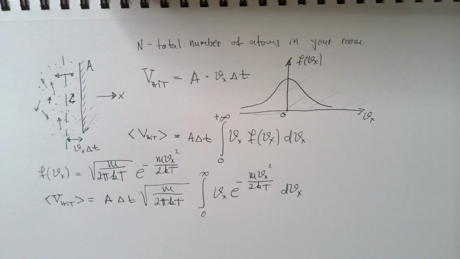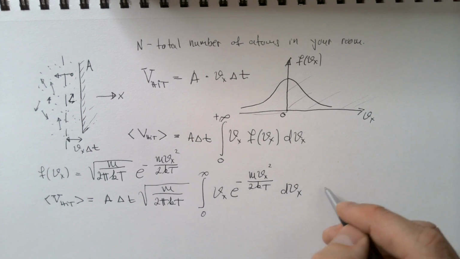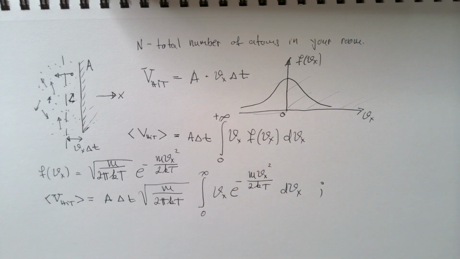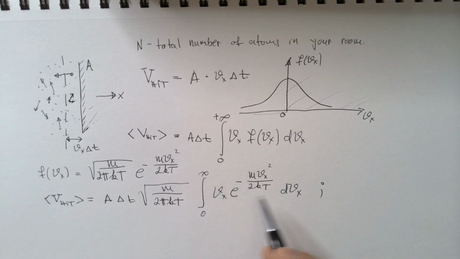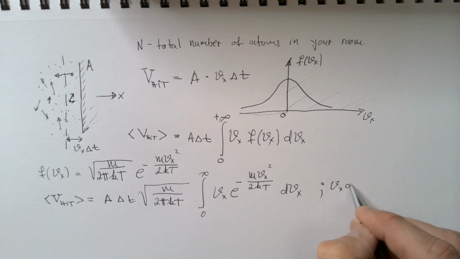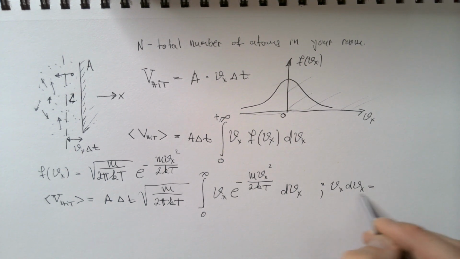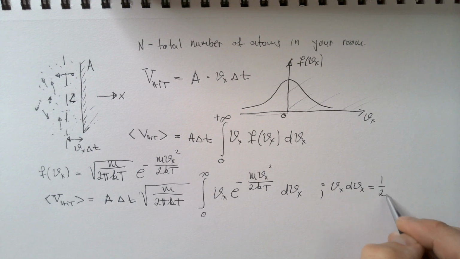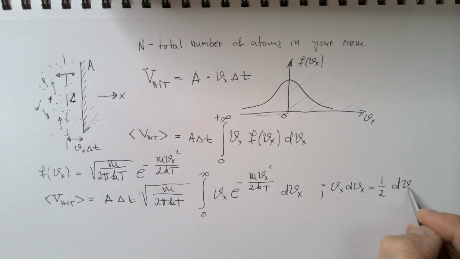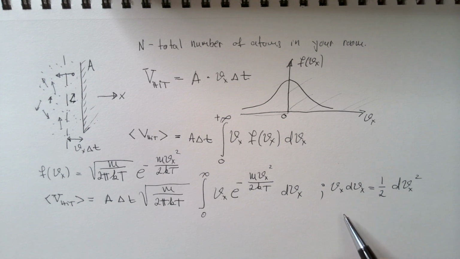We introduce a substitution, or on this channel we like to use the quick and dirty method that I introduced in one of the previous videos. It says that this Vx dVx I can write as 1 over 2 d of Vx squared, because when I carry out this differentiation I'll get this.